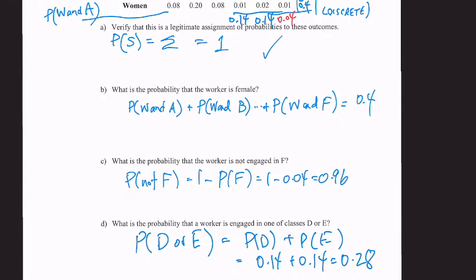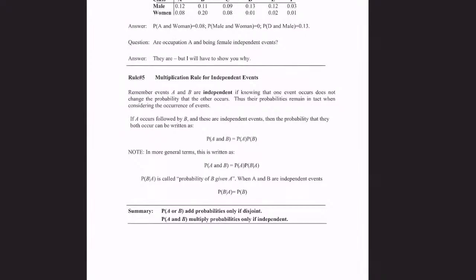So now the question is, using this distribution, are occupation A and being female independent events?